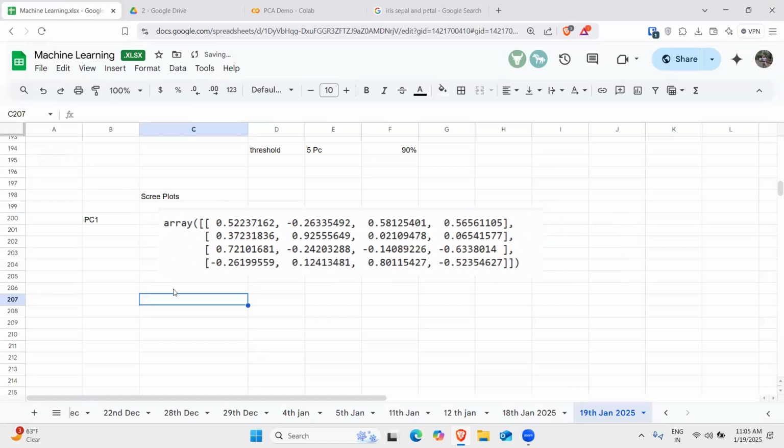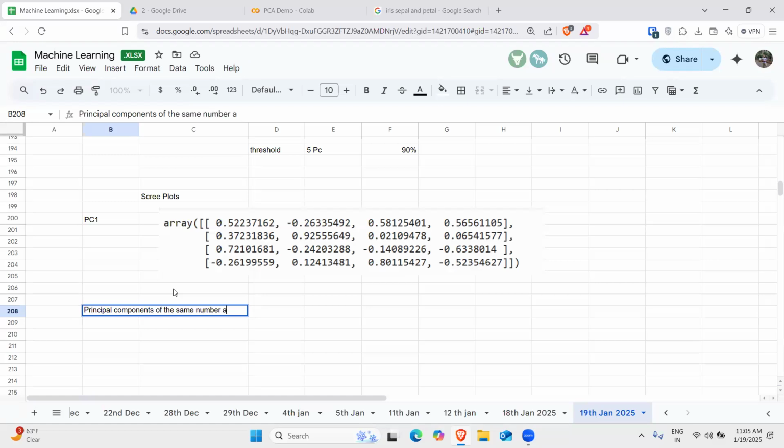PC1 is given by the direction this, and so on. The principal components are of the same number as that of the original variables. Yes or no?